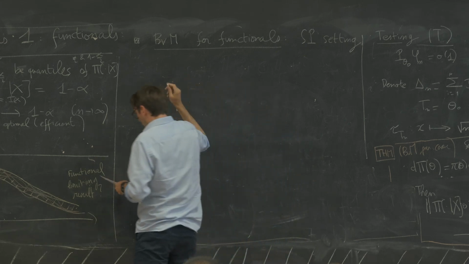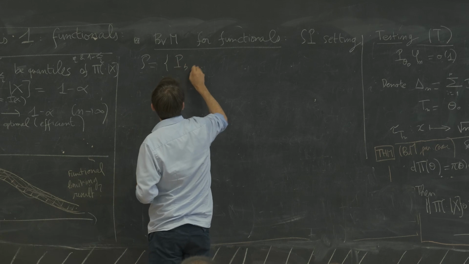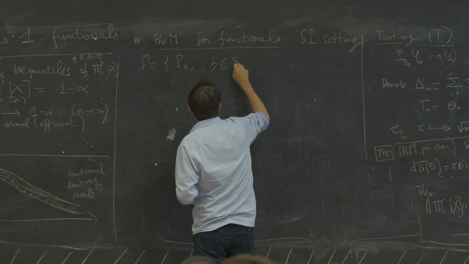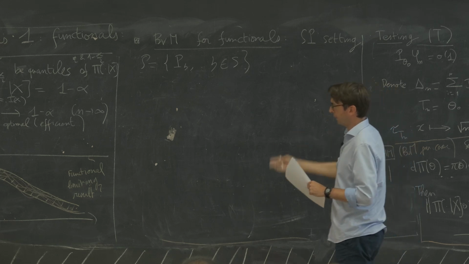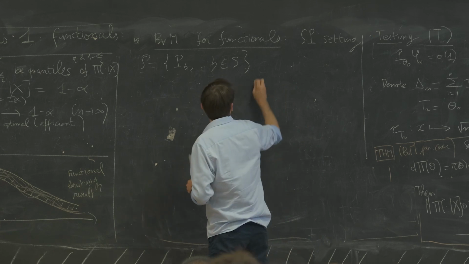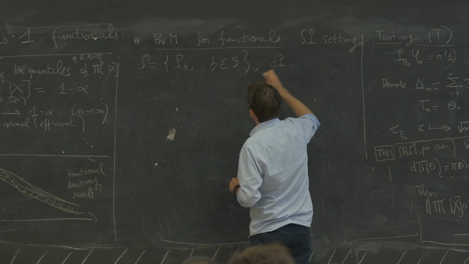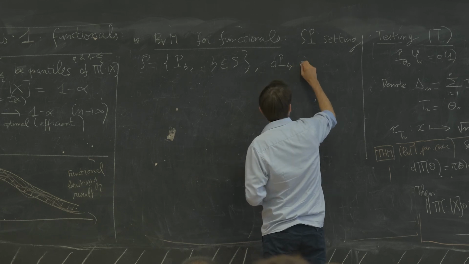Again, we have our model. Now I'll index it by eta because the parameter can be either a certain theta, or, I'll give just two examples, you can have a pair of parameters, theta comma f, for instance. That's why I didn't call it theta.